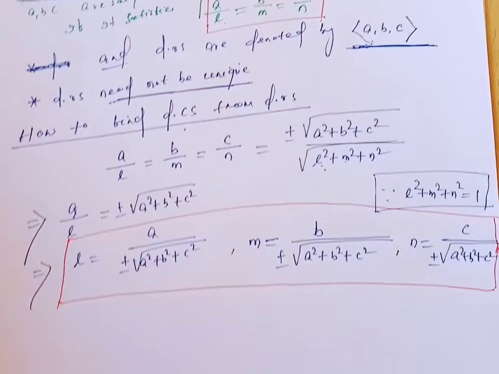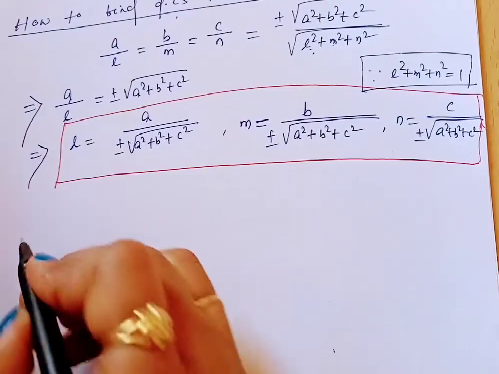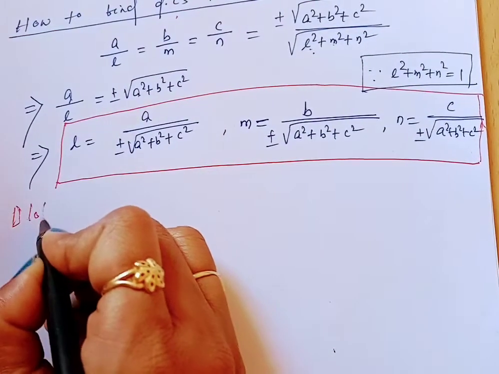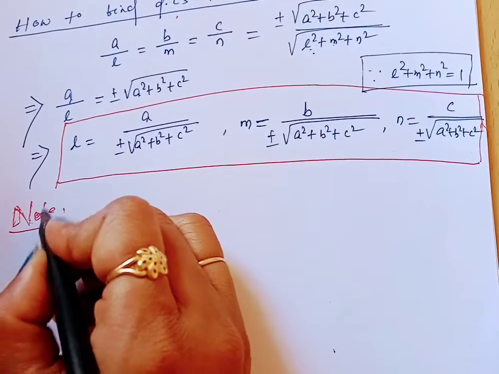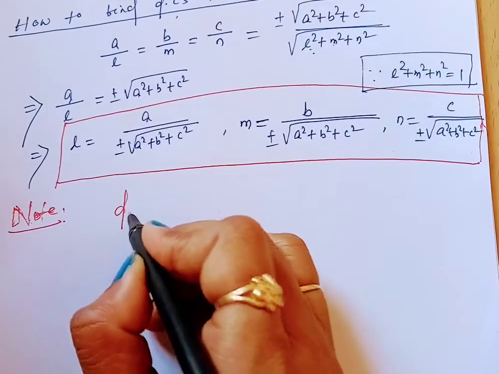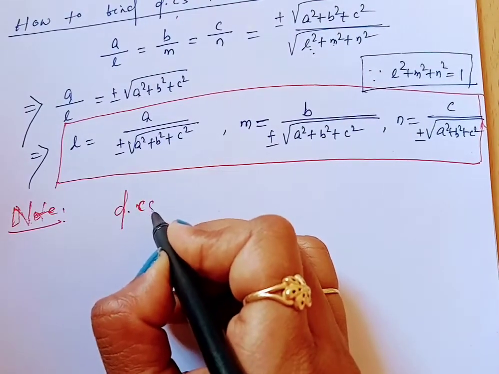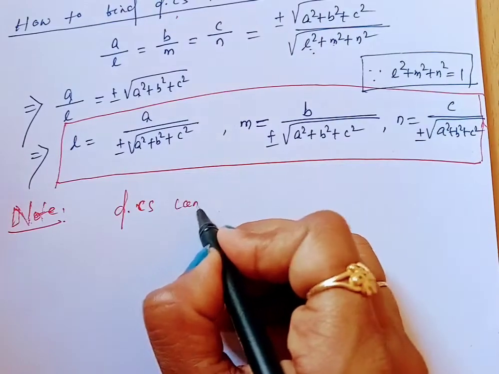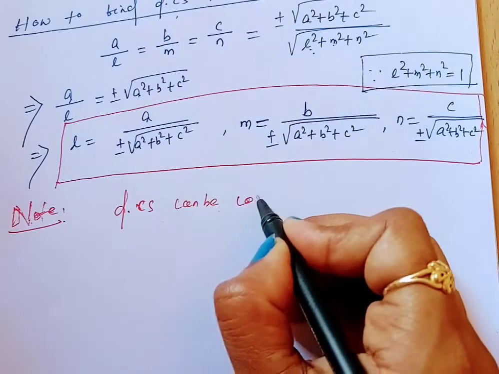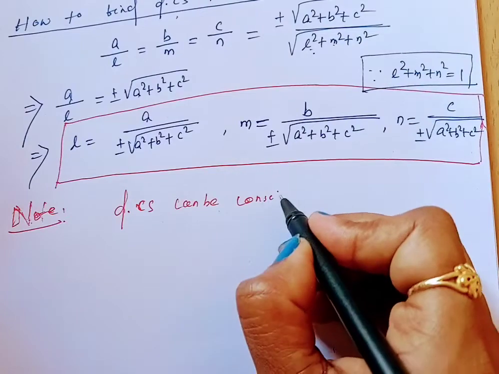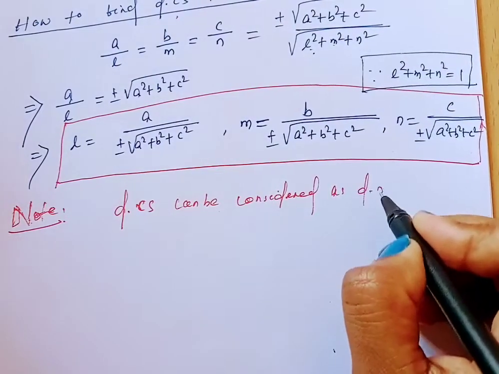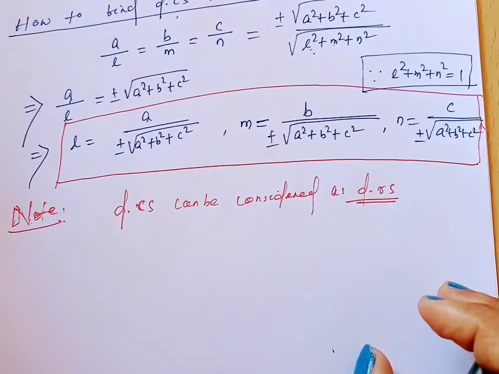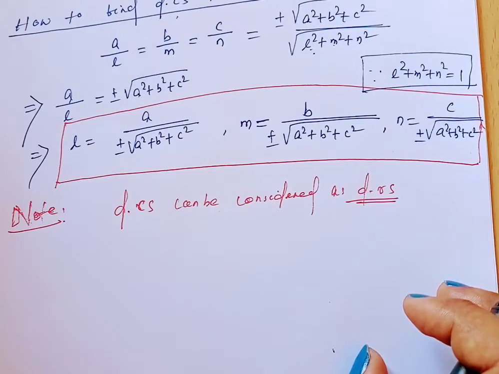Okay, and a very important note for you. Direction cosines can be considered as direction ratios, but not in the converse way.